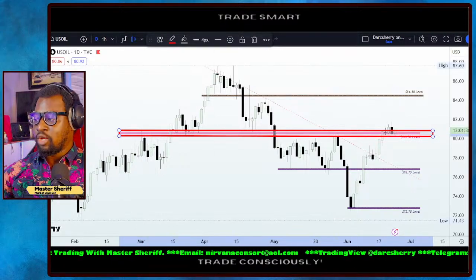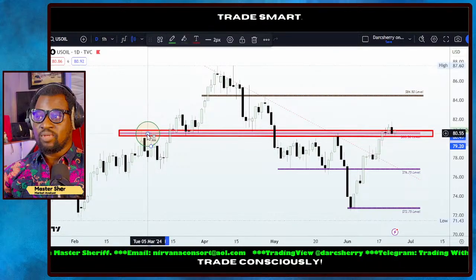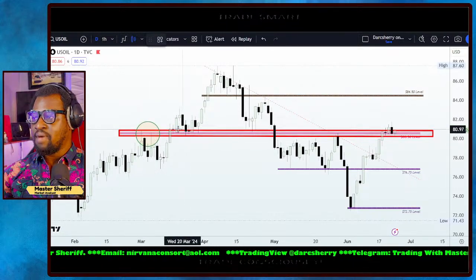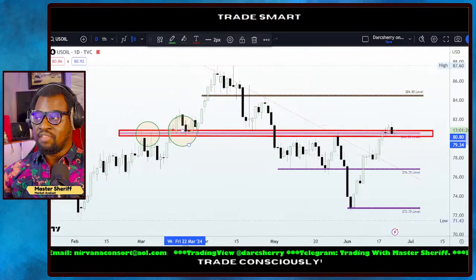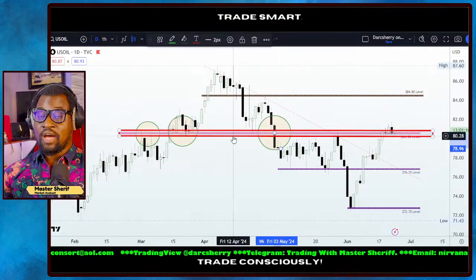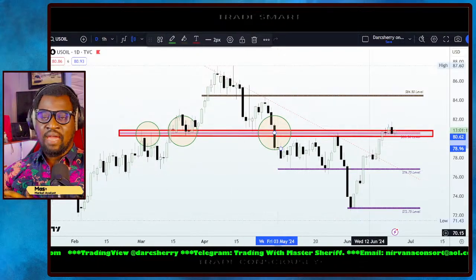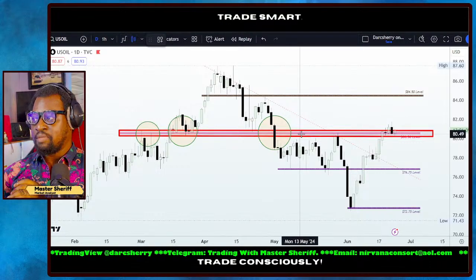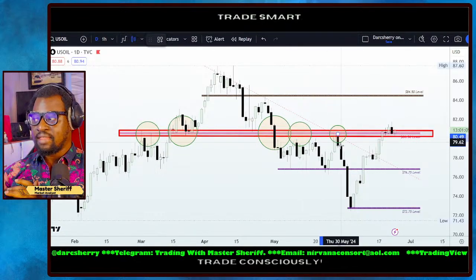Now, if we take a closer look at this key level, you will see here it was initially a selling niche in the month of March, and before we saw price break out of the structure mid-month, and then we saw price come back breaking down the structure at the beginning of the month of May. Now, throughout the month of May, price action had traded below the key level, emphasizing the strength of the sellers at this point.